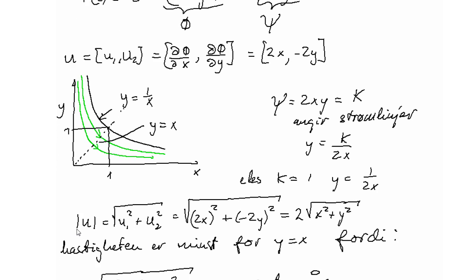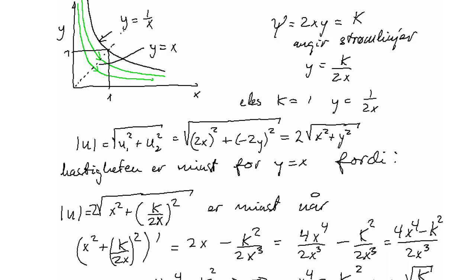We know that the absolute value of the velocity is just the square root of this, and now replacing u1 with 2x and u2 with minus 2y, and then using this expression y is equal to k over 2x, we obtain this expression.